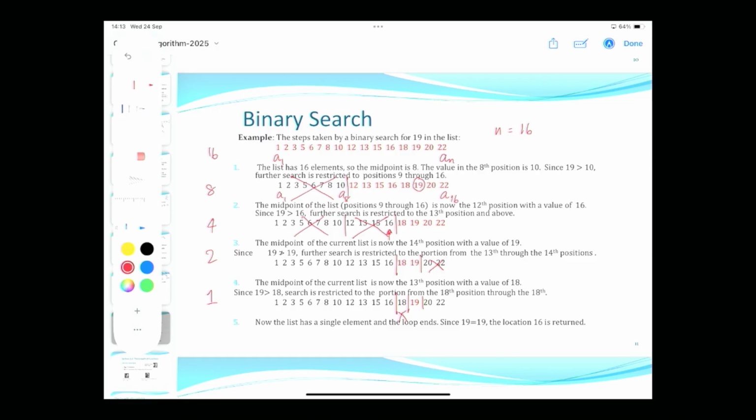But here, when n is equal to 16, how many times do we go through the loop? 4 or 5 times, right? So that's about log n, log base 2, which is 4. So the number of loops that we go through would be about log n, but the linear search would be n. This is linear, and this is binary search.